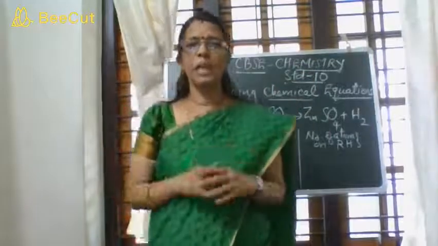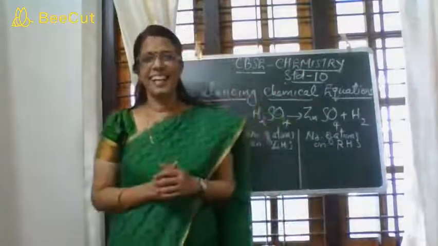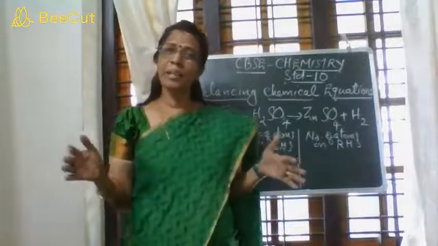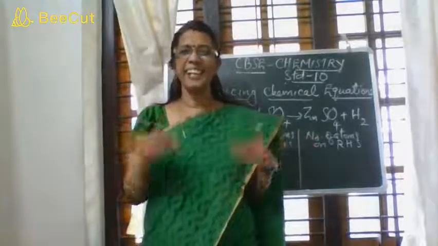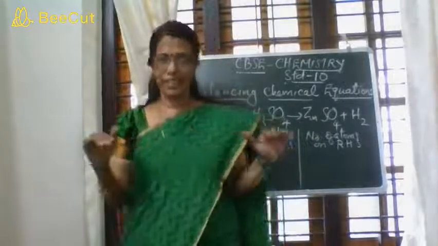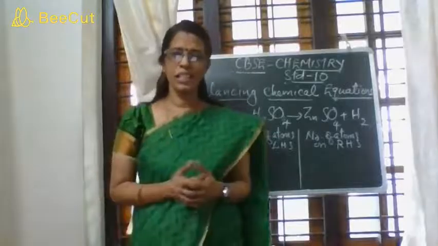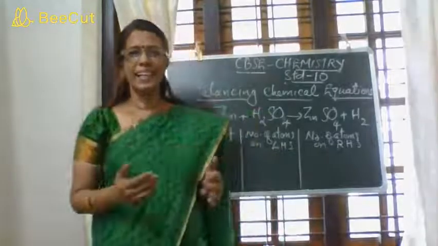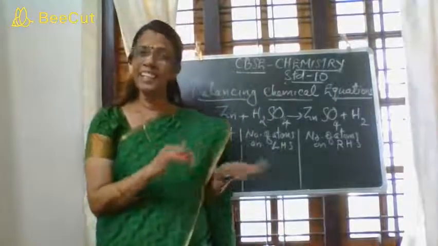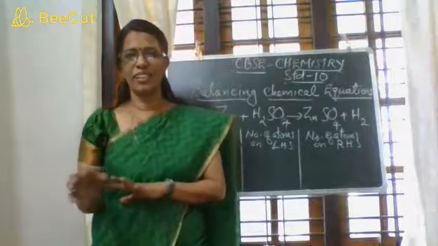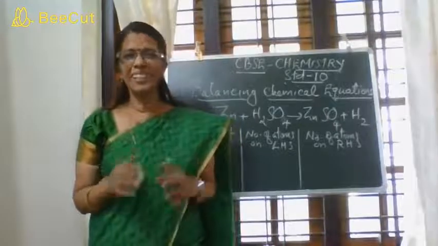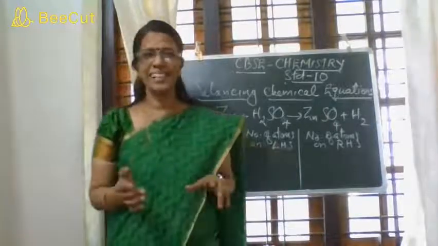Why do we balance both sides? Because every chemical reaction in nature obeys the law of conservation of mass. What does the law of conservation of mass say? In nature, nothing is created, nothing is destroyed. Matter, or mass, can neither be created nor destroyed.